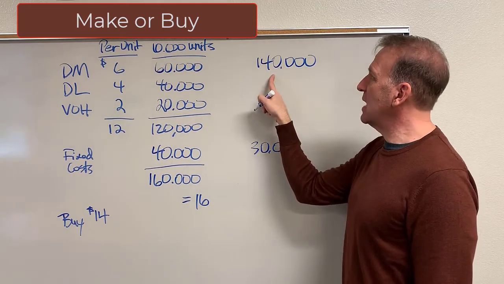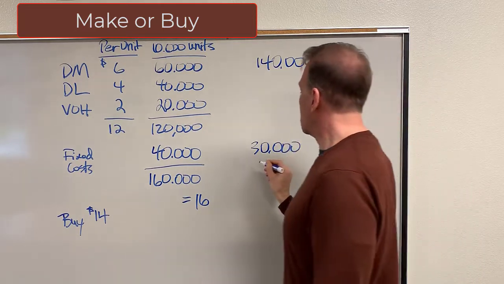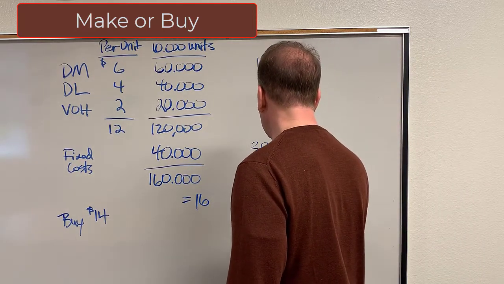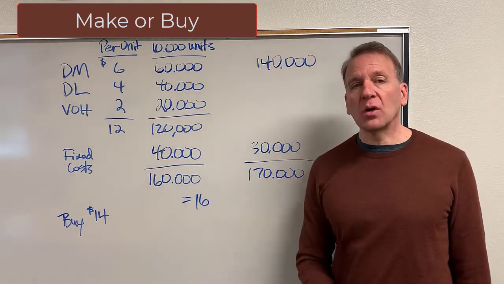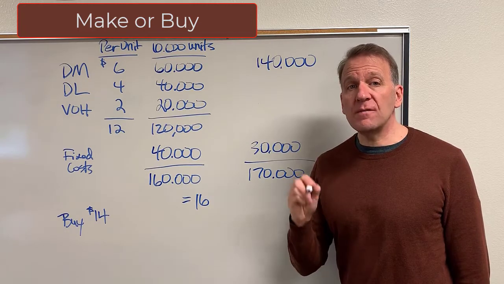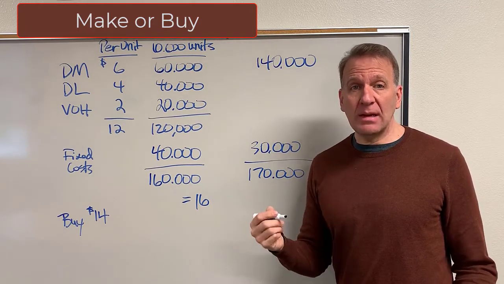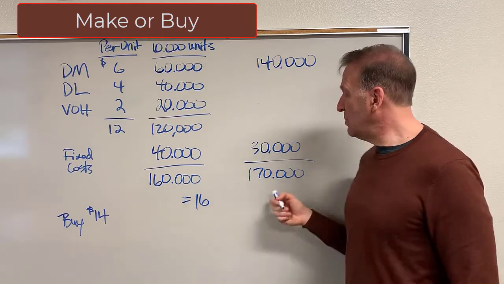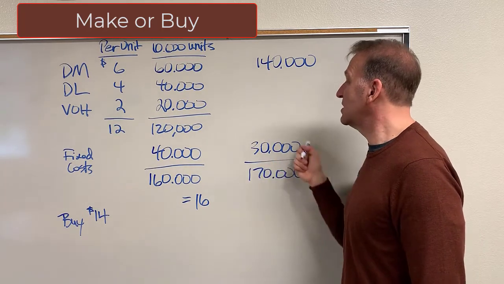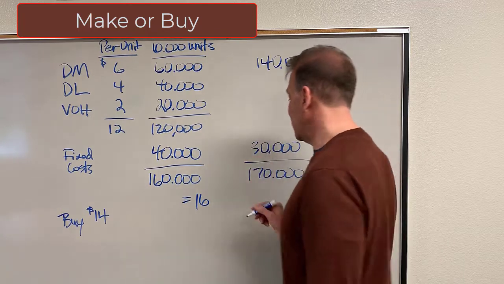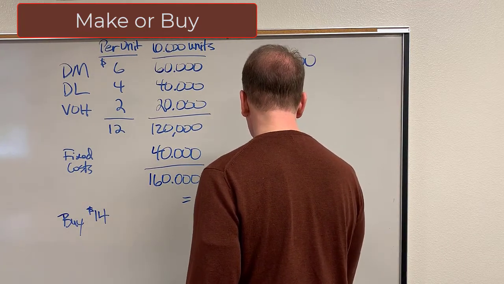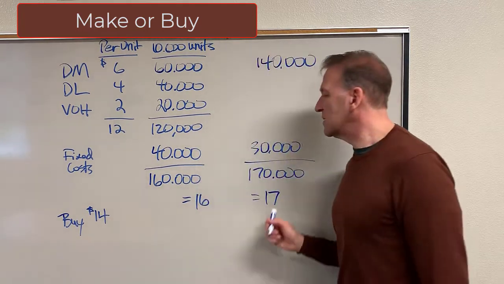So 14 times 10,000 is 140. So then, in this example, the total cost for all of these items that we're going to buy would be 170,000 because we would still have 30,000 of fixed costs. So 170 divided by 10,000 units would give me a per unit cost of 17.